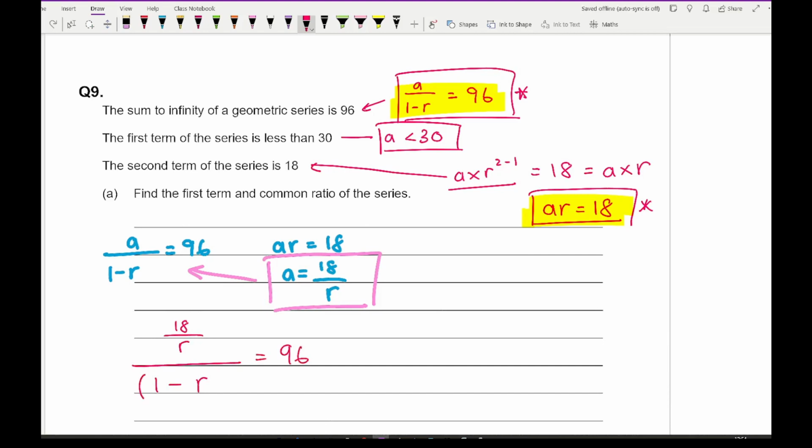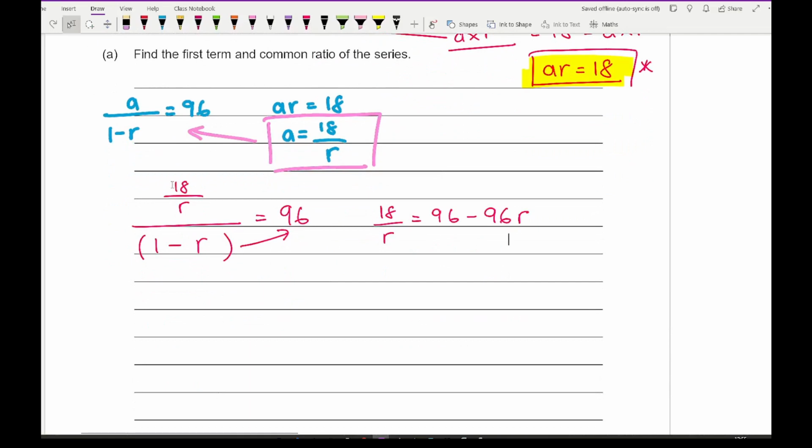Now if I put brackets around this bit and take this over, then what I end up with is 18 over r equals 96 minus 96r. Then if I multiply out the r, we get 18 equals 96r minus 96r squared.